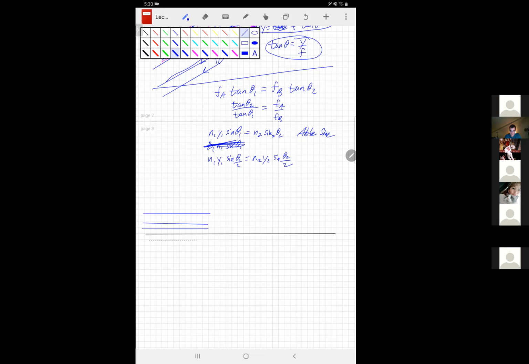And then we've got a bunch of rays from something else, which is off axis. And I will again draw my rays like this.